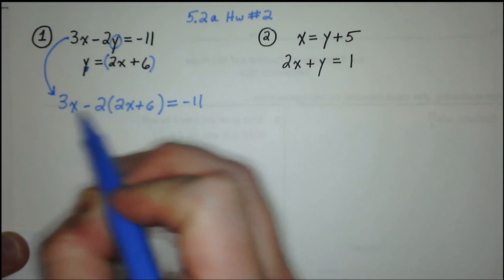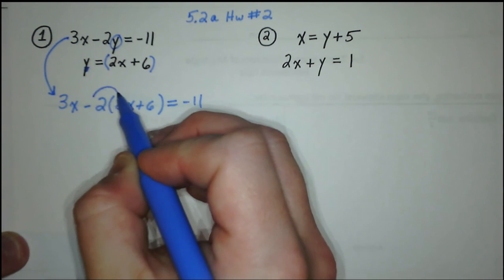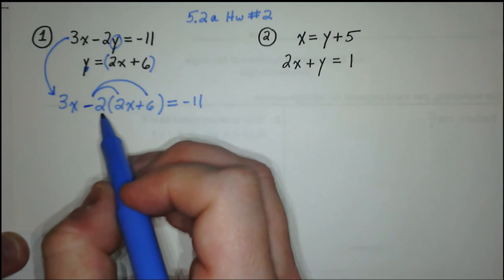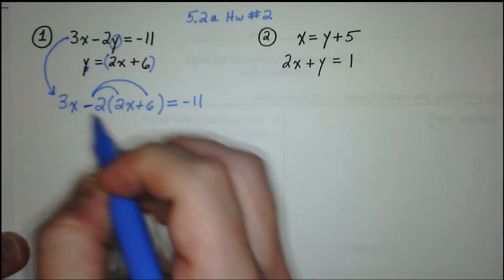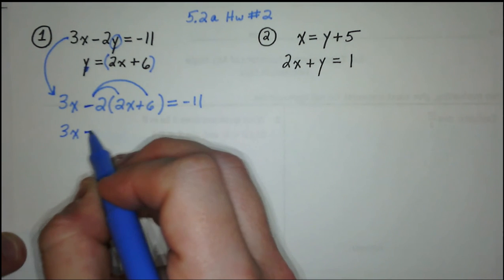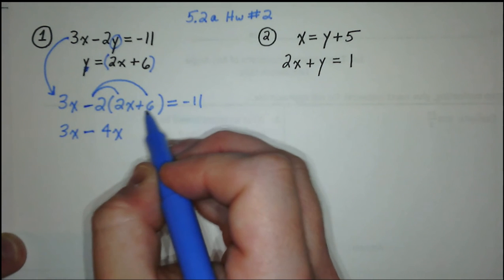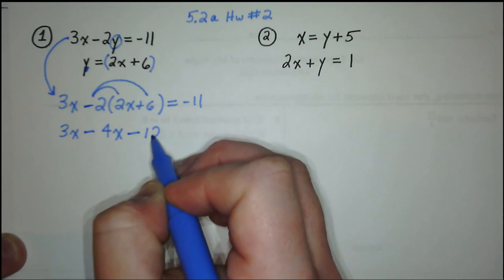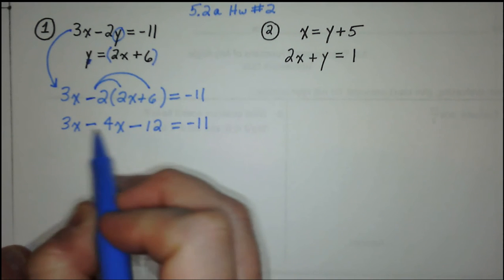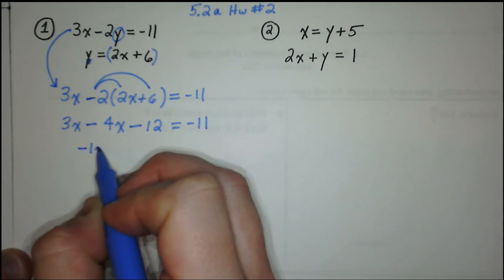When I solve now for x and do the distributive property, please notice that what we're distributing here is a negative 2. So negative 2 times 2x is negative 4x, and negative 2 times positive 6 is negative 12. And now we move on. Here are some like terms that are already on the same side, so that's going to be negative 1x.